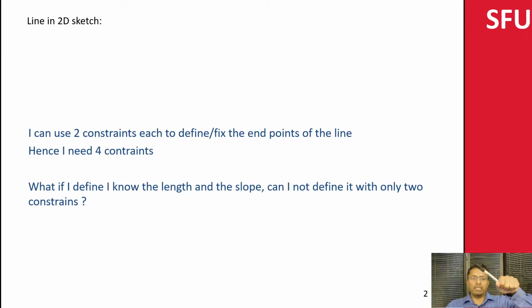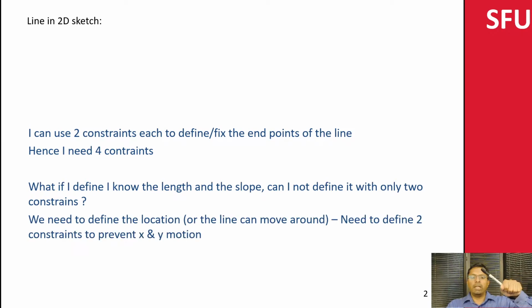So I would have two constraints for the length and the angle, the length and the orientation, as well as two constraints for the x and the y. That basically means I again have to define four constraints. So no matter what route you take, you still end up with the same destination over here.